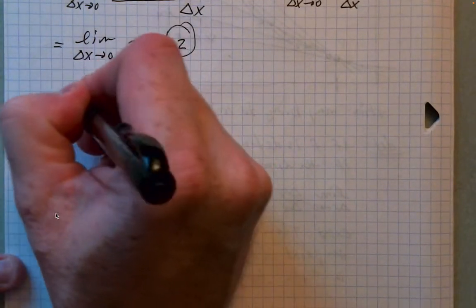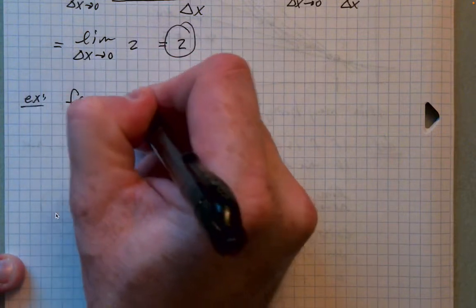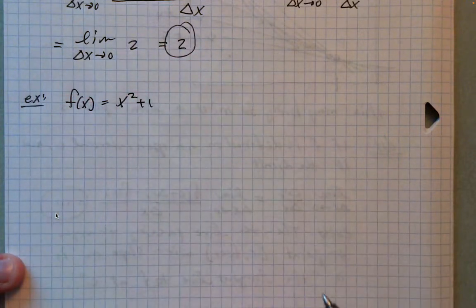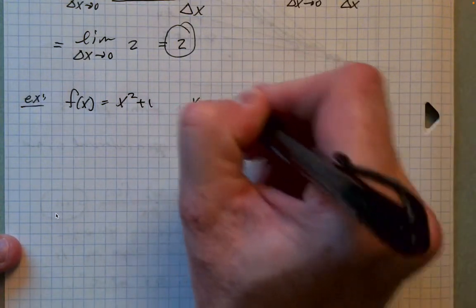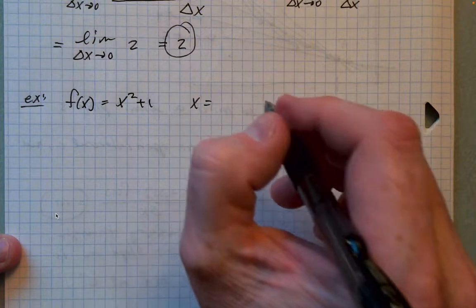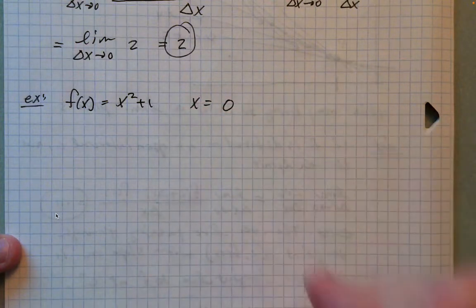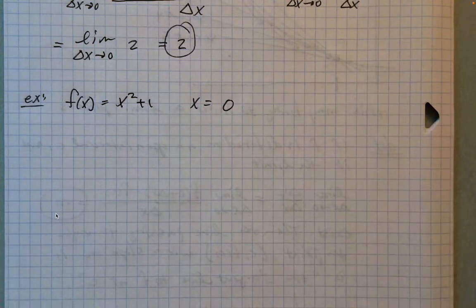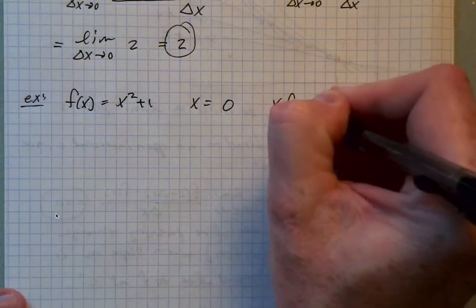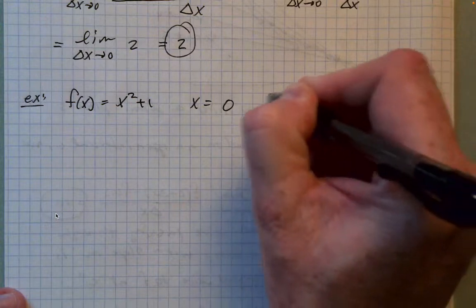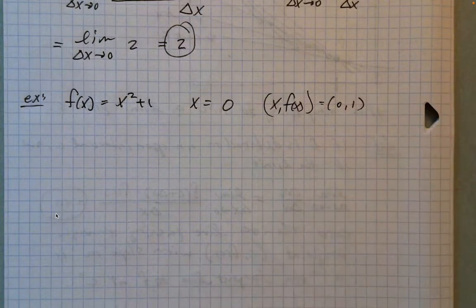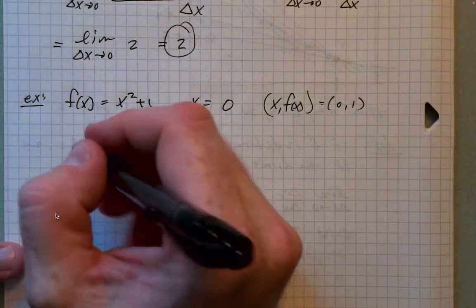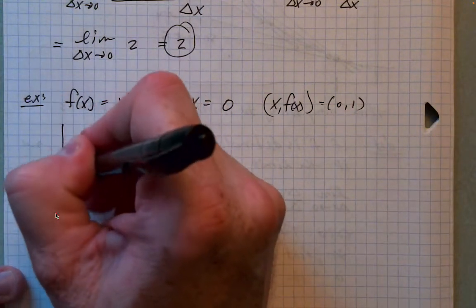Let's consider the function f of x equals x squared plus 1. And let's talk about the point x equals 0 to begin with. Okay, so the x coordinate is 0 here, and so obviously the point x comma f of x would be 0 comma, and then if you plug a 0 in here, it would be 0 comma 1. Okay, so let's remember what this function looks like first.